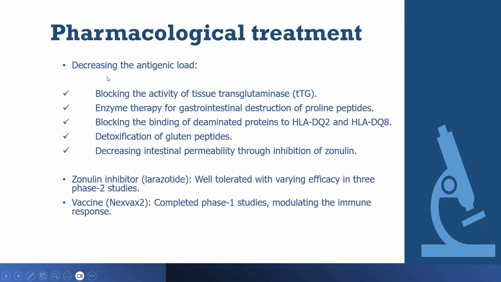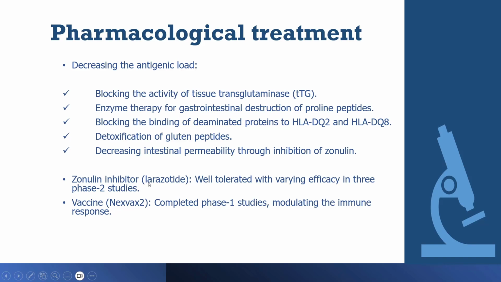So, other treatments: decreasing the antigenic load, blocking the activity of tissue transglutaminase, enzyme therapy for gastrointestinal destruction of proline peptides, blocking the binding of deamidated proteins to HLA-DQ2 and HLA-DQ8, detoxification of gluten peptides, decreasing intestinal permeability through inhibition of zonulin.